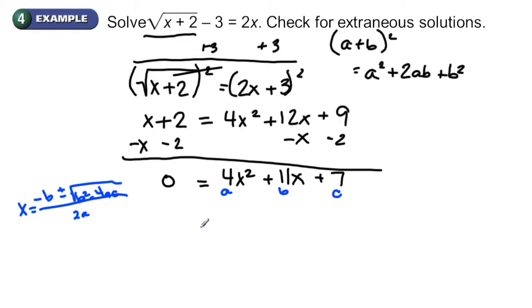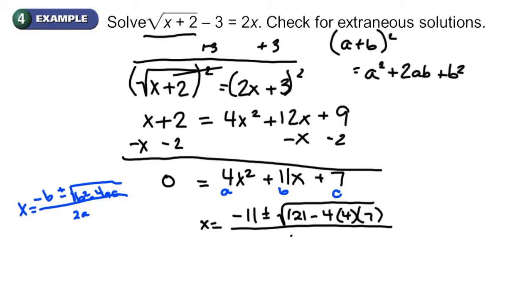Okay, so coming over here, x is negative b, so negative 11, plus or minus the square root of 11 squared, which is 121, minus 4 times a, and a is 4, and c is 7, all over 2 times 4.